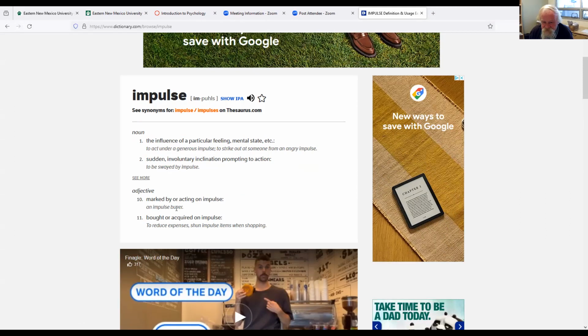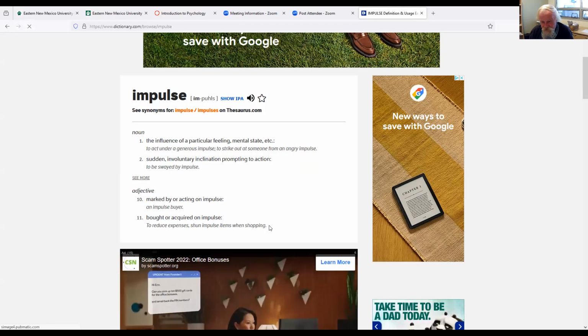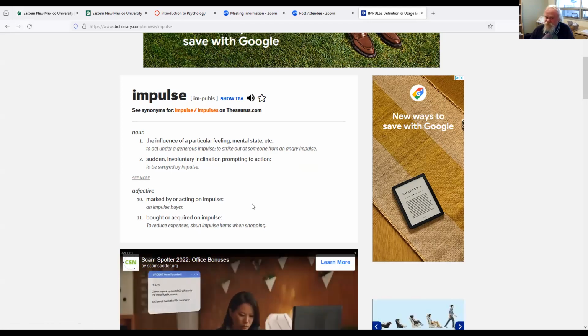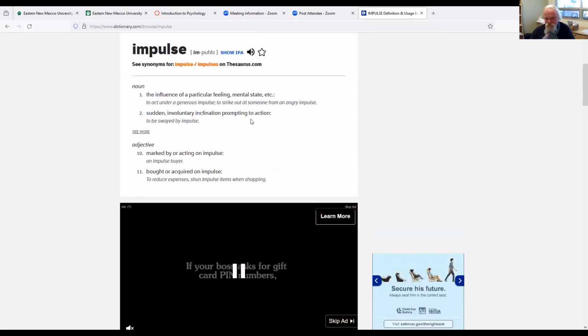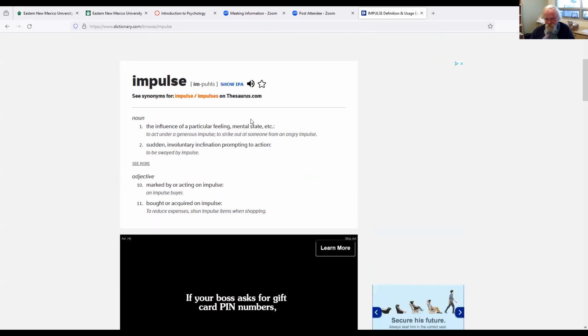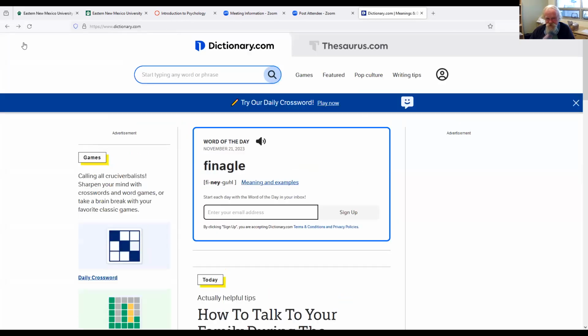So you could be an impulse buyer. And then again, on buying behavior, to reduce expenses, shun impulse items when shopping. So you can see where we might be able to get a couple of terms from this definition and use it on our scale, okay? All right, so that's the first place to start is a dictionary.